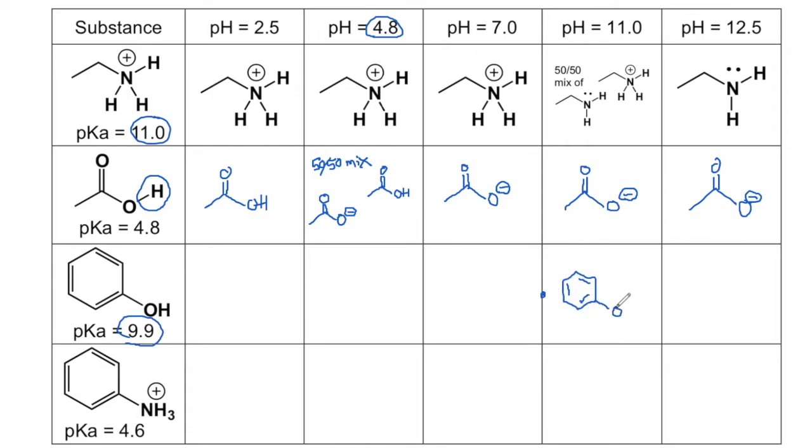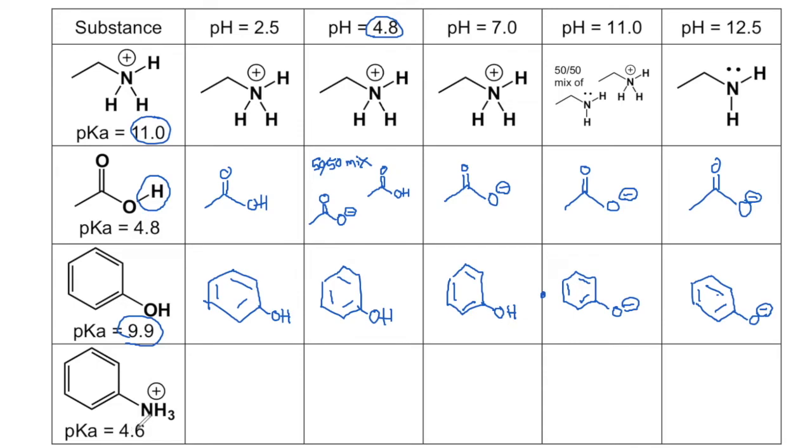We're going to have the deprotonated form at these higher pHs. And at pHs lower than 9.9, which would include pH 7, we're going to have the acid form, the protonated form. So it's going to keep its proton because at these low pHs, there's plenty of proton to go around.